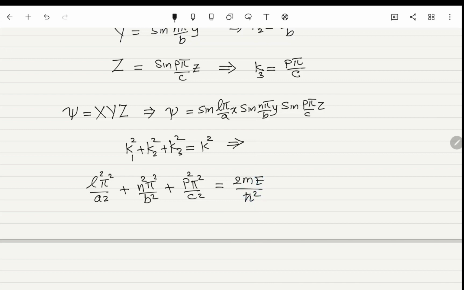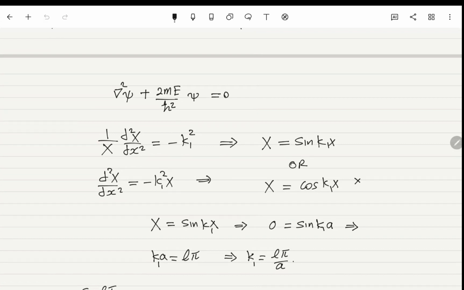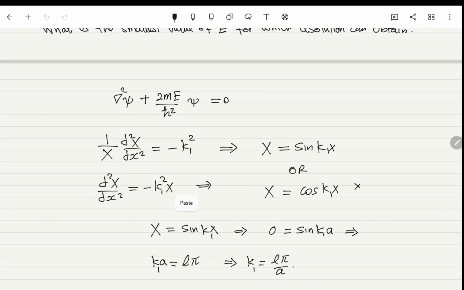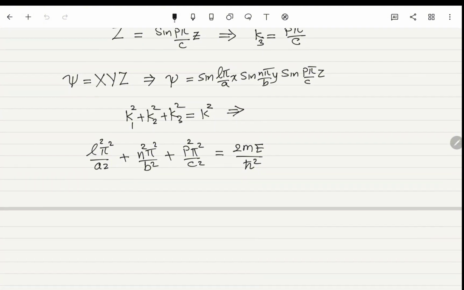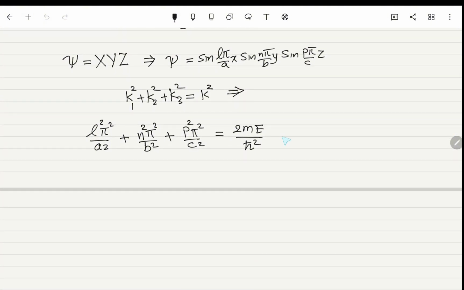Remember, this part here is this one right here. And from this one here, we can state that E equals pi squared h bar squared over 2m times L squared over a squared plus n squared over b squared plus p squared over c squared.